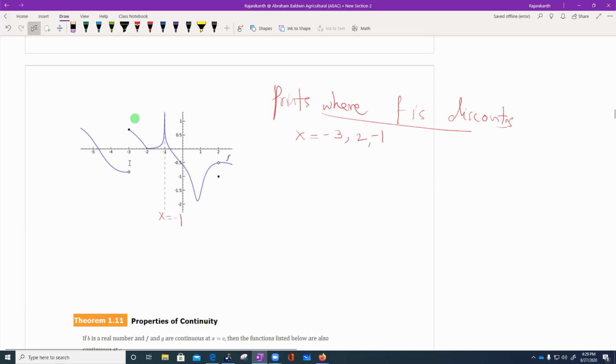Okay, let us argue one by one and analyze, starting with the -3 point. If you look at x = -3, yes, the function is discontinuous, but you see there's a jump between the left and the right end, right? There's a jump. If you have such a discontinuity point, we call that a jump discontinuity.